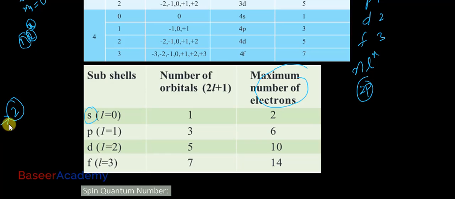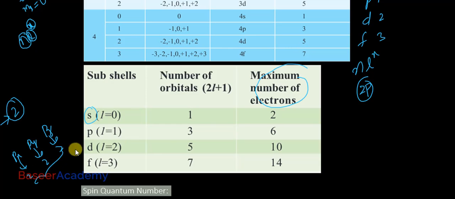So the s subshell has only one orbital, and this one orbital can have a maximum of 2 electrons. The p subshell has 3 orbitals, px, py, pz. So this orbital can have a maximum of 2 electrons, this orbital can have a maximum of 2 electrons, and this orbital can have a maximum of 2 electrons.